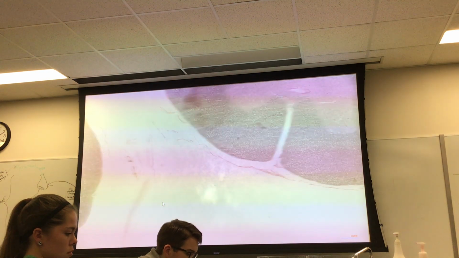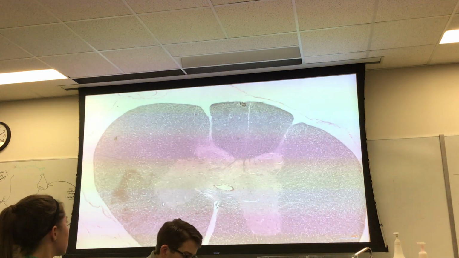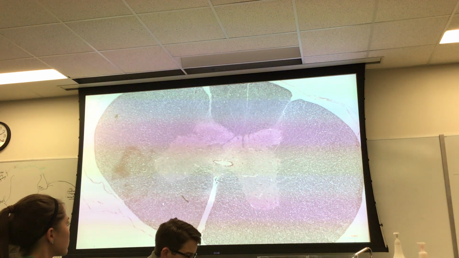Now, let's drop our mag even further. Let's try another spinal segment. Which one's that? No ventral enlargement. So you've got two choices, sacral or thoracic. Which are you going to go with? Definitely thoracic, right? Sacral would have far less white matter.